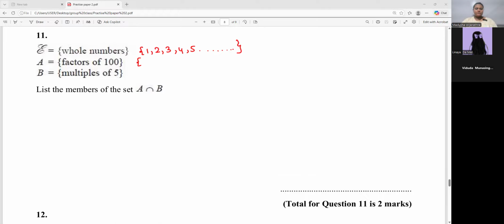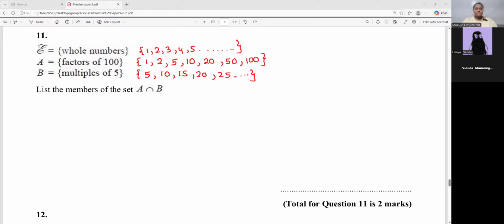Then set A is factors of 100: 1, 2, we can divide 100 by 2, 5, 10, 20, we can divide by 50 and 100. Multiples of 5: 5, 10, 15, 20, 25, like that it goes till infinity.